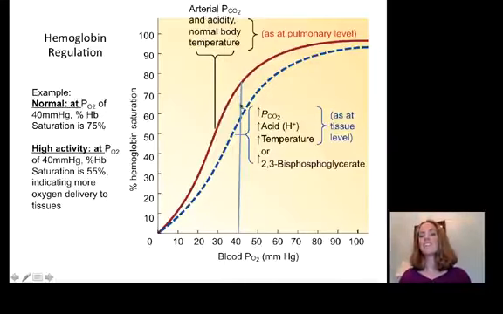If hemoglobin, in addition to being in a poor oxygen environment, also sees a lot of other factors, acid, carbon dioxide, etc., it will become even more likely to unbind and donate oxygen to those oxygen poor, metabolite high areas. So 75% saturation normally, 60% saturation in high metabolite areas as well. That's the Haldane and the Bohr effects combined.